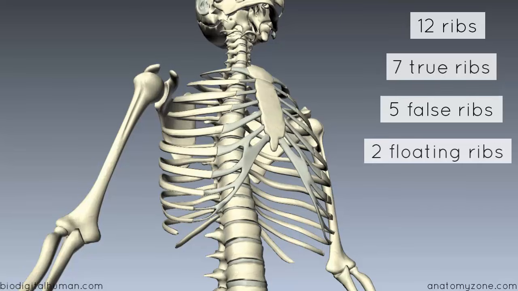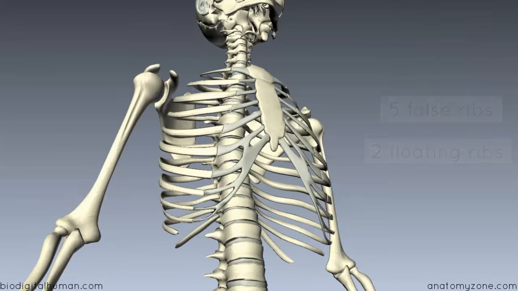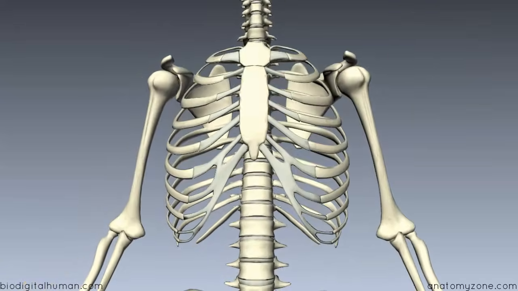So these are also called false ribs. So the top 7 are true ribs, the bottom 5 are false ribs, and the bottom 2 are floating ribs. So that's the skeletal framework of the thoracic wall.